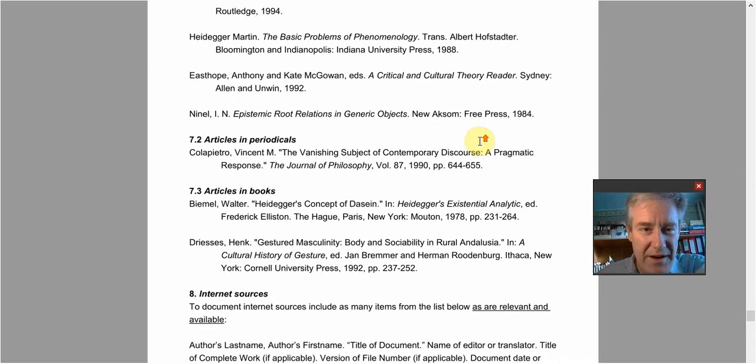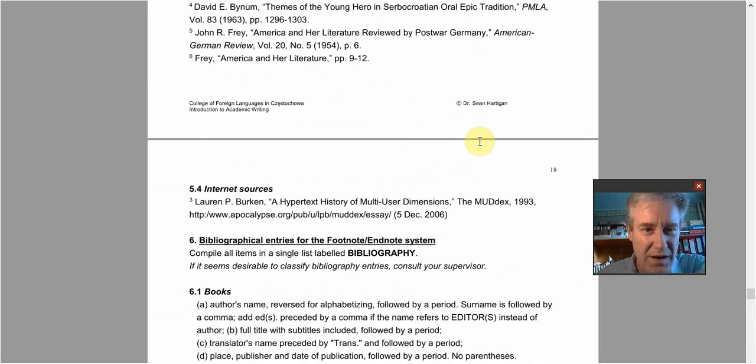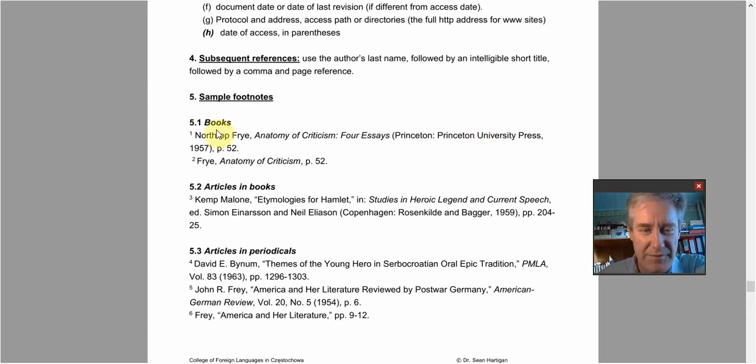Okay, we'll go back now to our Northrop Frye here. So you may be asking yourself at this point, all right, well, I've got my source and I've used the quotation in my essay, but where do I get all this information about the city and the publishing company and the year? Well, that information is usually on the inside, in the first few pages of a book.